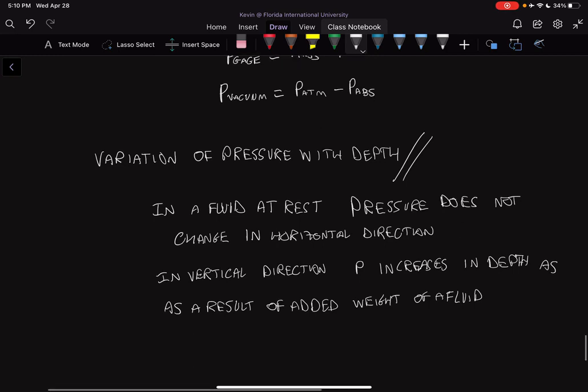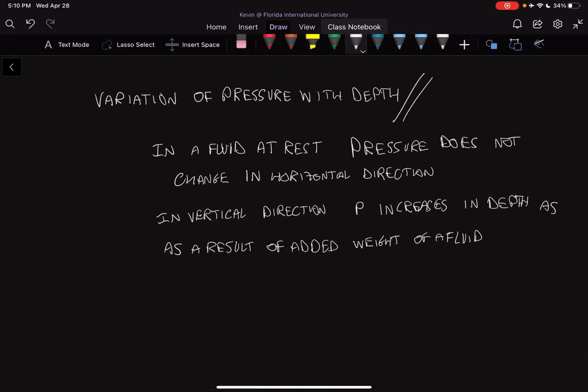So let's say that we have, within a water tank, a rectangular fluid element, and that fluid element has a height of delta z. Okay, so we're going to call that height delta z.